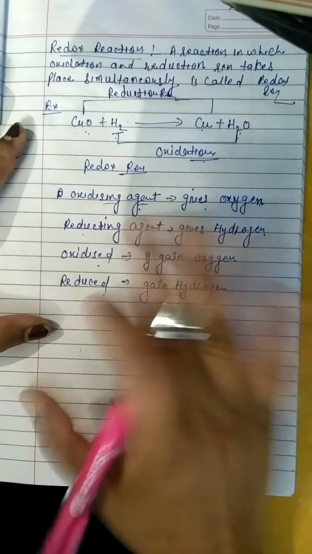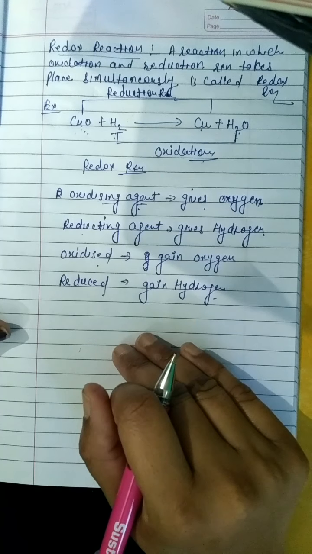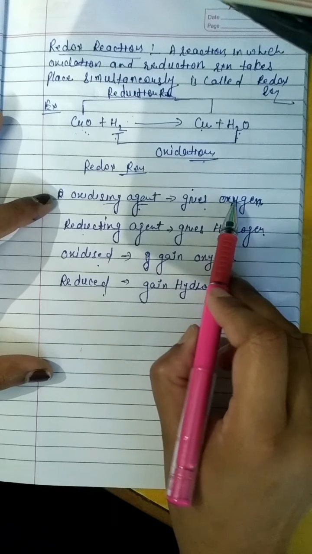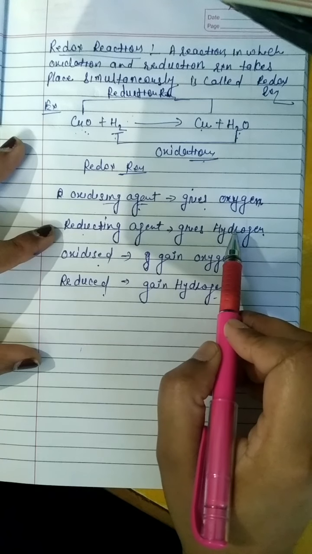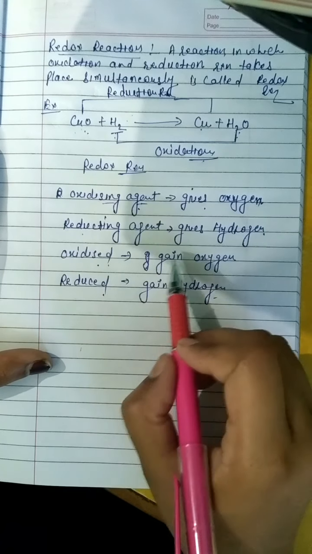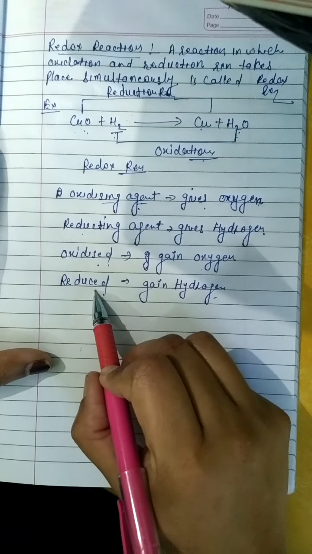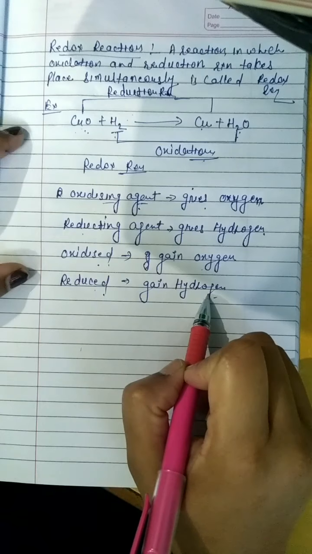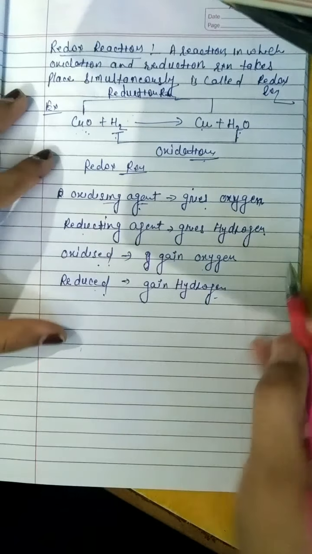Clear now? These are the most important questions, and confusion will also take place from this topic. Firstly, what is the oxidizing agent? That gives oxygen. Reducing agent that gives hydrogen. And the oxidized substance that gains oxygen. And a reduced that gains hydrogen. Now, from the above reaction, we have to find out the substance which is the oxidizing substance.